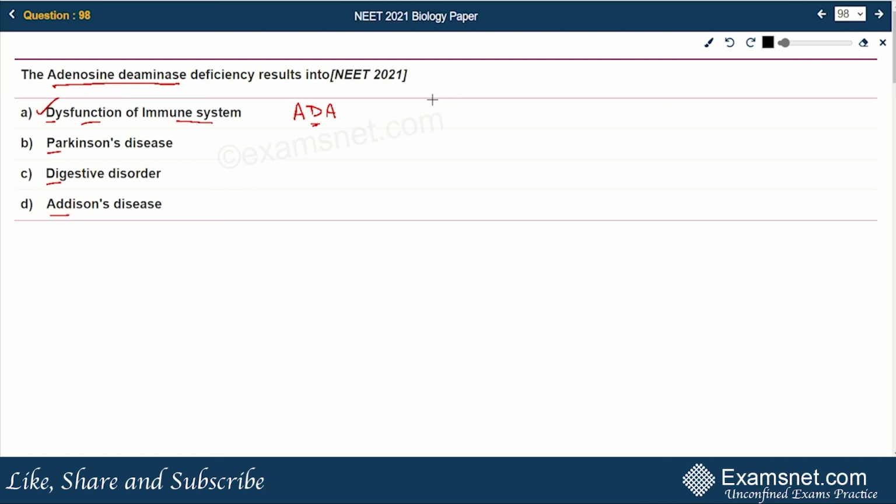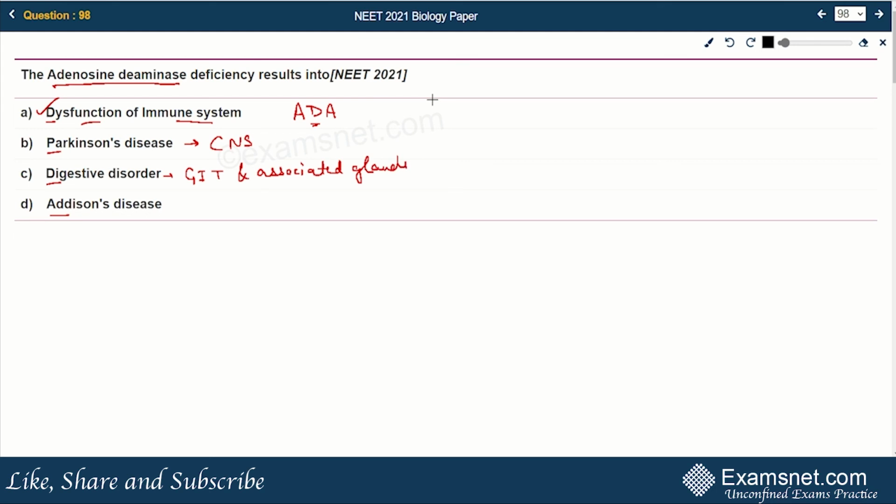Now, let's have a look at other options as well. Option B is Parkinson's disease. So, what is Parkinson's disease? It is a long-term degenerative disorder of the central nervous system. And what is digestive disorder? It should be very clear to you. What is affected in case of digestive disorder are the gastrointestinal tract and all the associated glands, so it will result into digestive problems.